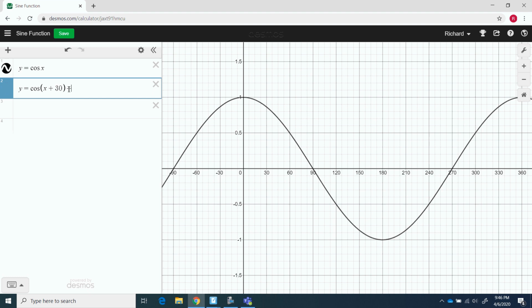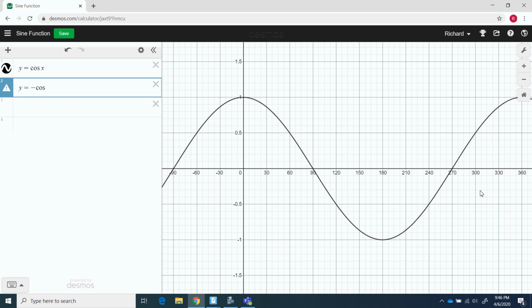The one that I didn't do, let's just quickly look at a reflection. So if I had this graph, but I wanted it to be reflected, watch what will happen. I'm going to put here out in front a negative cosine of x. So what that should do is your positives will become negatives. Your negatives, because you're taking the negative of those numbers, will become the positives, and these will flip down here.